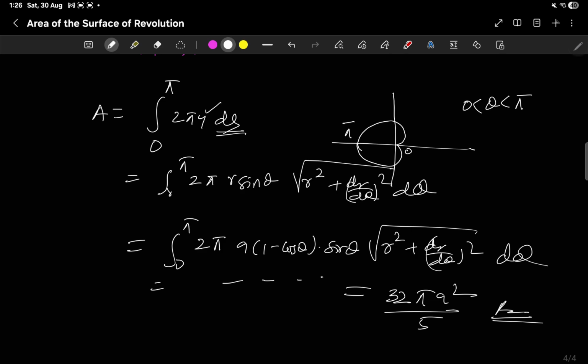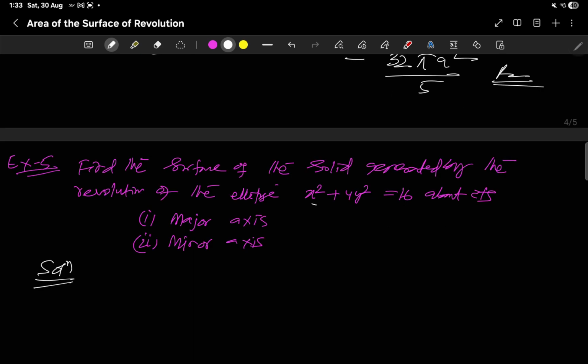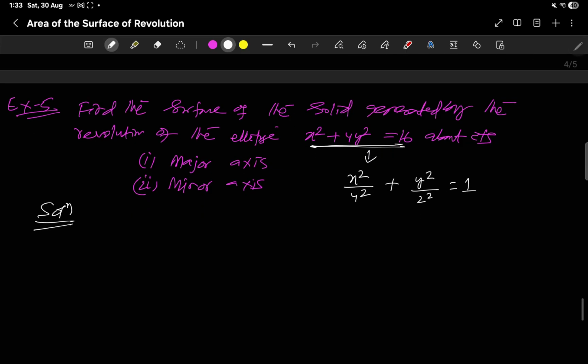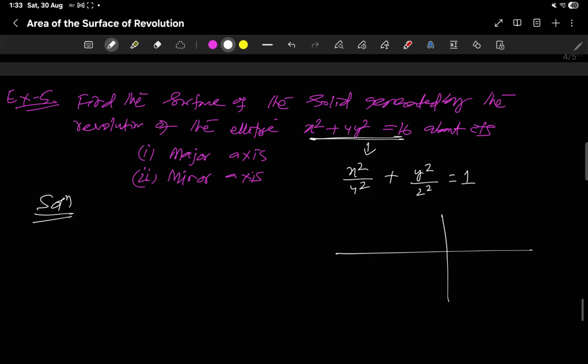Let's solve the last problem. Here the ellipse is given. If you simplify it, it is x square by 4 square plus y square by 2 square equal to 1. The major axis and the minor axis endpoints are 0, 2 and 4, 0, right?